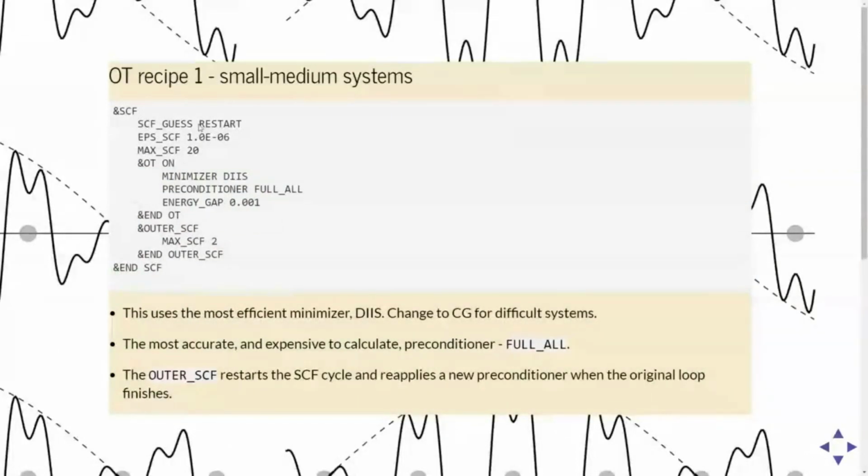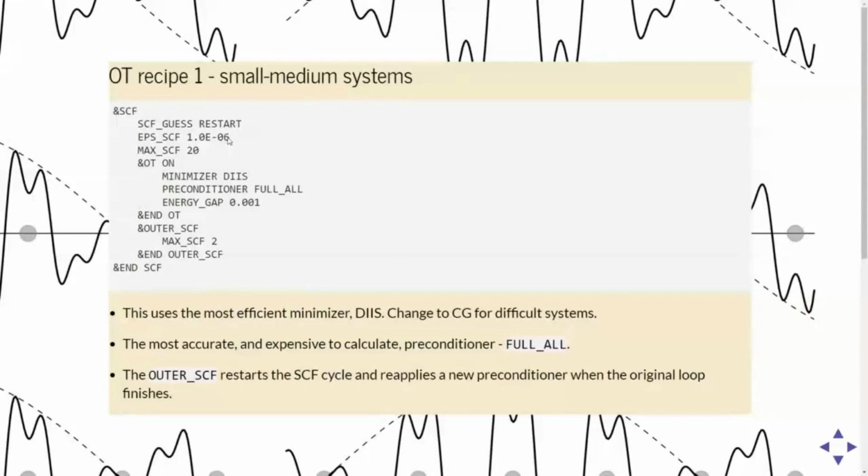So this has been my standard setup. If you've got a previous guess from a system, use it. We want to converge the wave function. The exact details of what this means I won't go into, but around 10 to the minus 6.